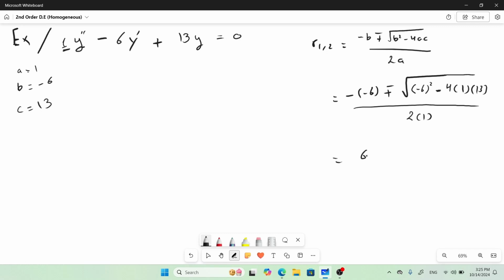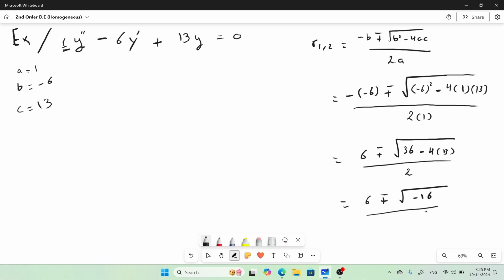We get 6 plus or minus the square root of 36 minus 4 times 13, divided by 2, and we get 6 plus or minus the square root of negative 16 divided by 2.